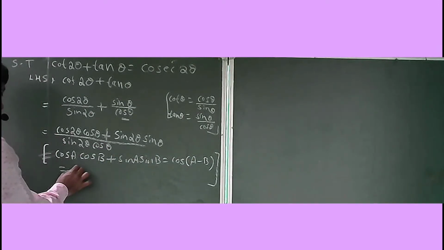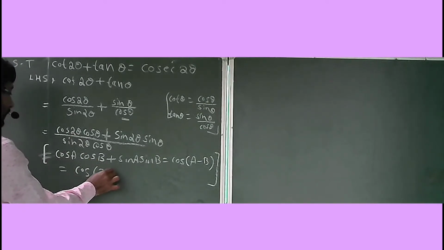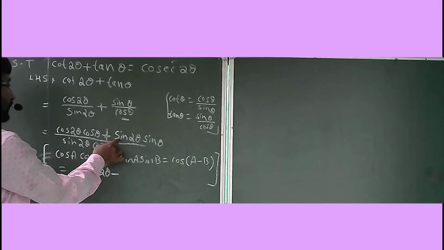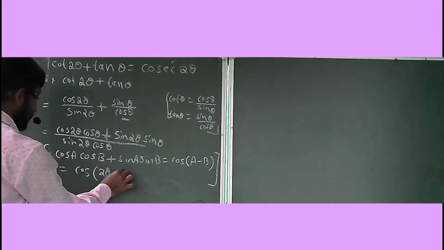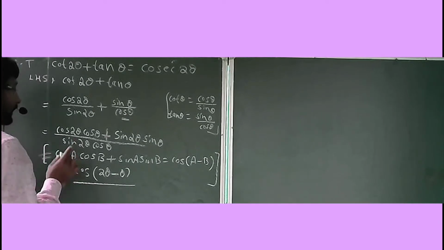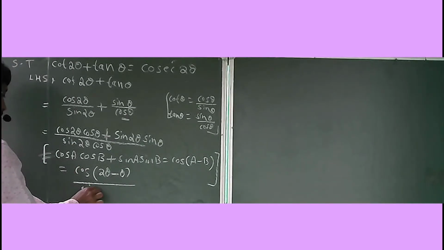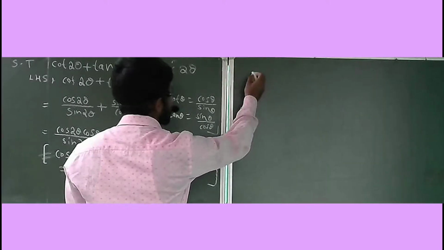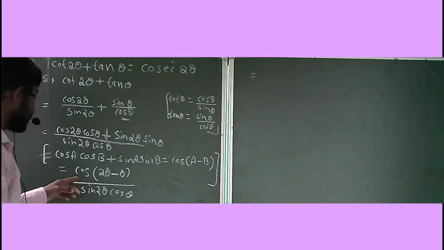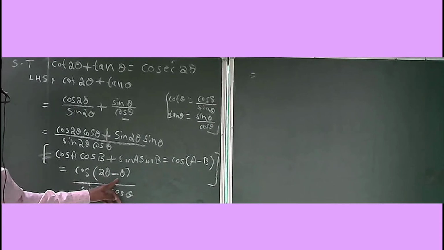So you can write it as cos of, what is A? A is 2 theta, minus, what is B? Theta, right? In place of B, theta is there. Divided by, the denominator remains the same, sin 2 theta into cos theta. Okay. This is equal to, see here, cos of 2 theta minus theta.